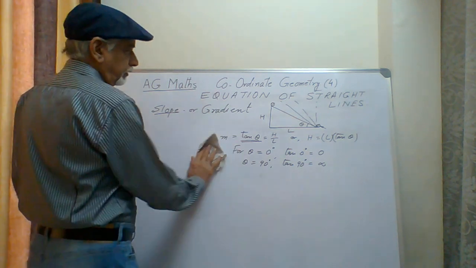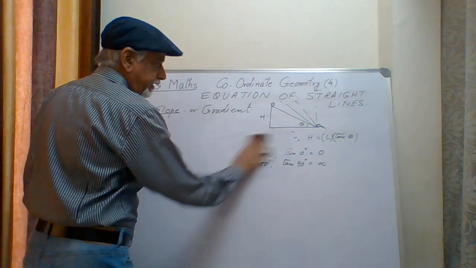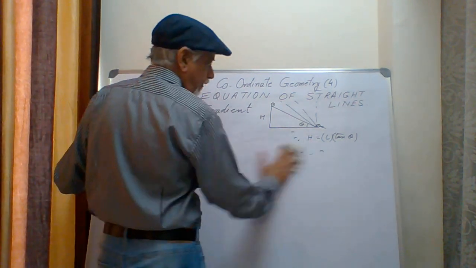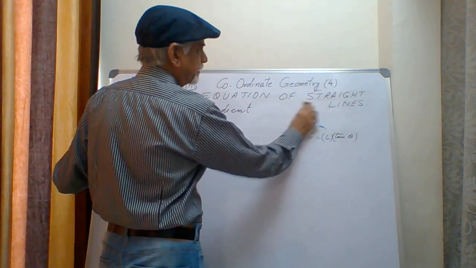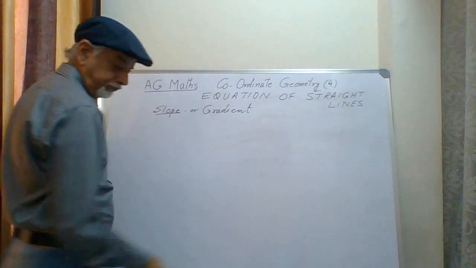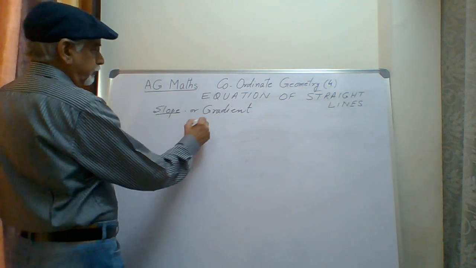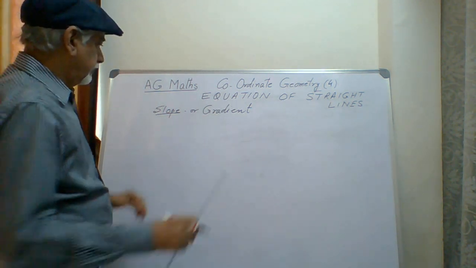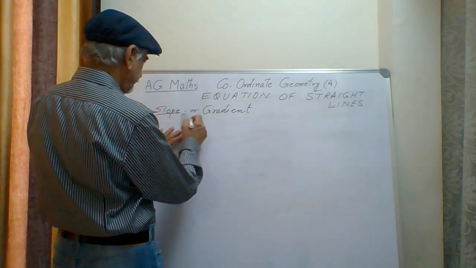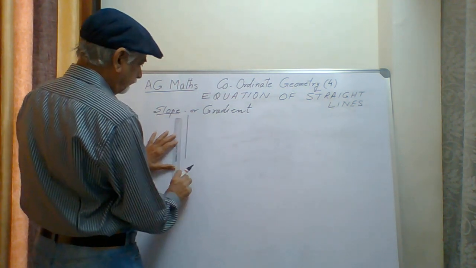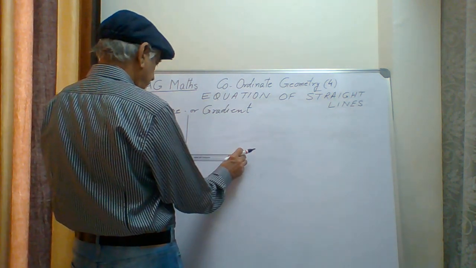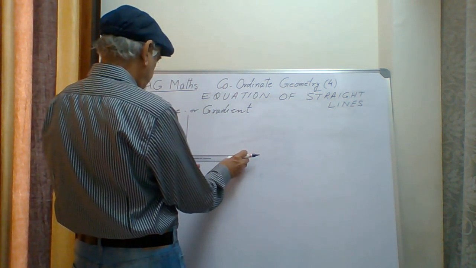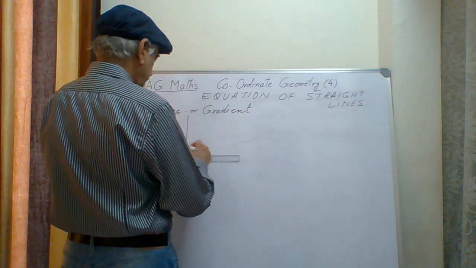Okay. So you have understood what is gradient, what is slope, and now we will talk about a straight line equation. Suppose we have the axis like this, the y-axis and I draw the x-axis.